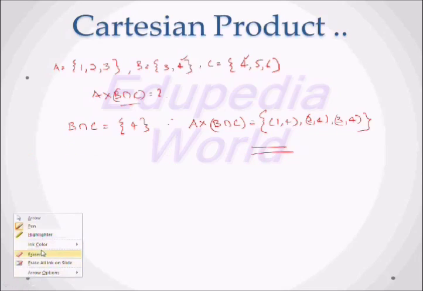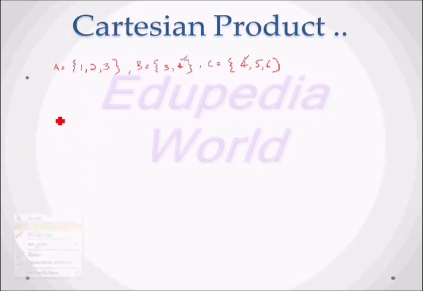Now let us consider another example. Let us find (A cross B) intersection (A cross C) for the same question.